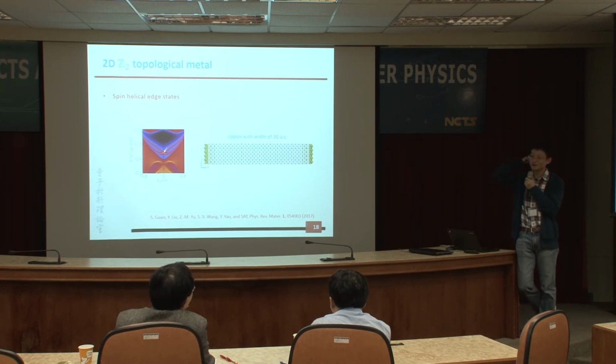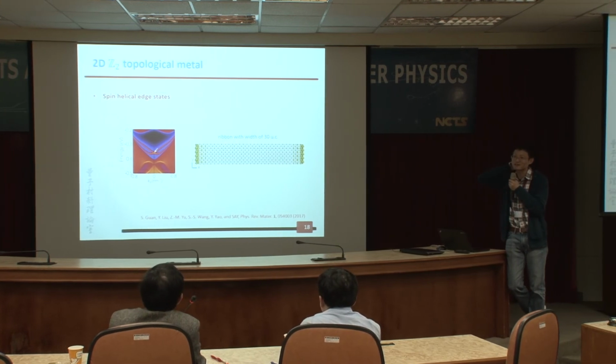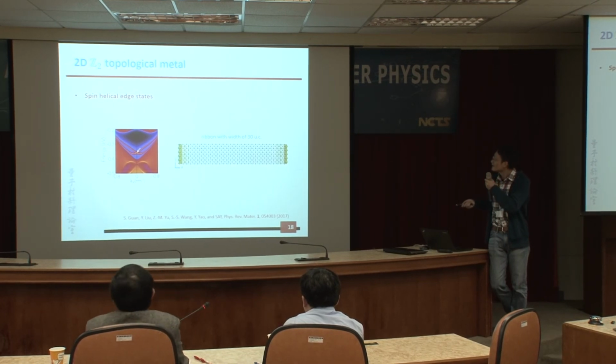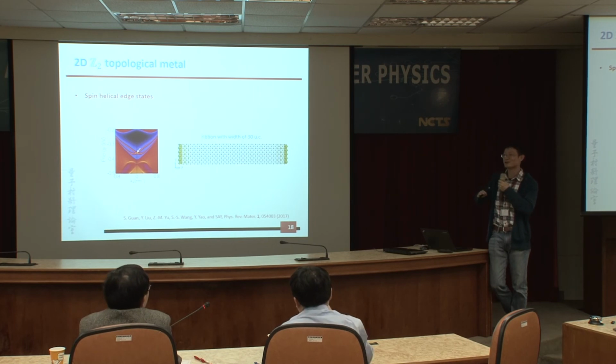So you're asking this question because you're thinking of some spintronics application? Yeah, of course, it's possible. For this kind of topological metal, because it's a metal, one advantage is that you can probably realize superconductivity in the bulk more easily.